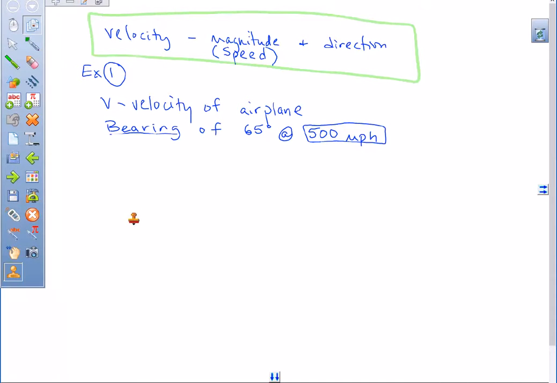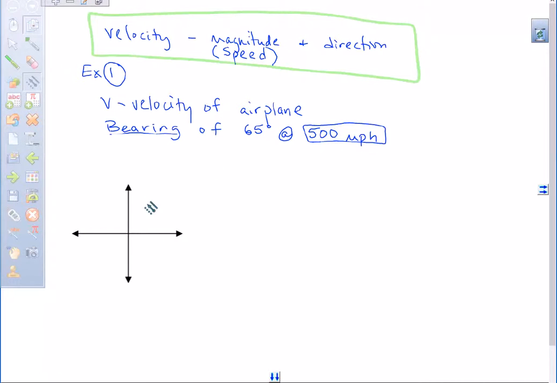Okay, so let's draw a picture first and see what's going on here. We've got this airplane at a bearing of 65 degrees. So that's with respect to due north. When we go 65 degrees off of that, that might take us somewhere like there.